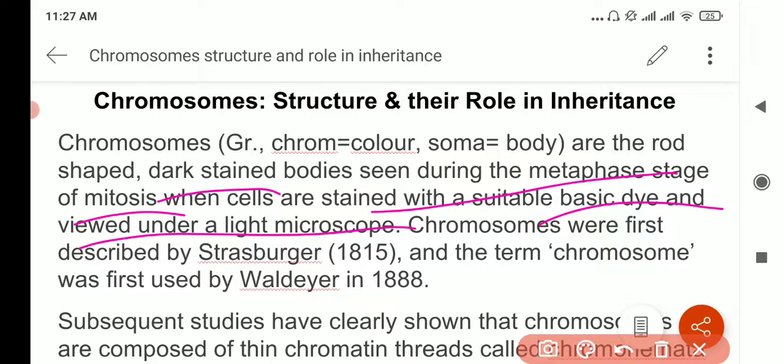They were first described by Strasburger, okay, in 1815, and the term chromosome was first used by Waldeyer in 1888. So since 1815, they were first described, and they got their name at the end of the 19th century, in 1888.